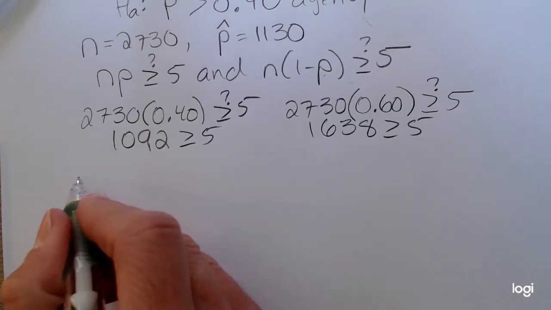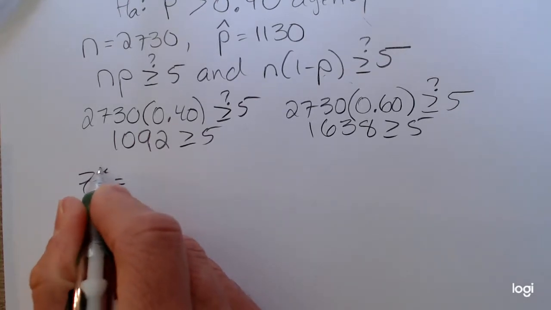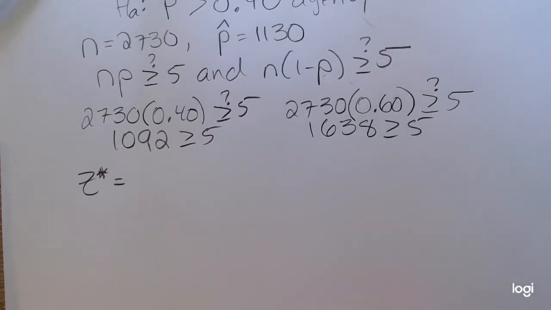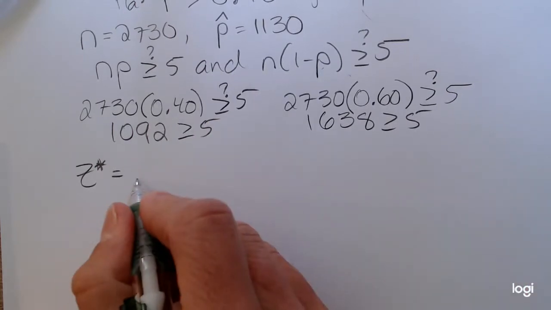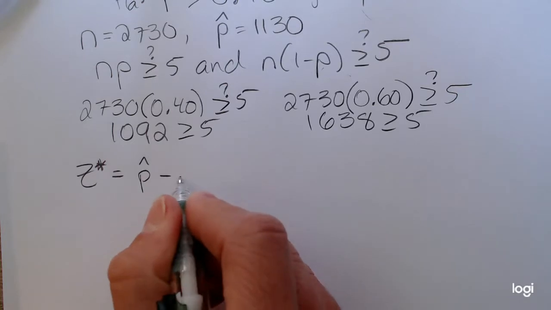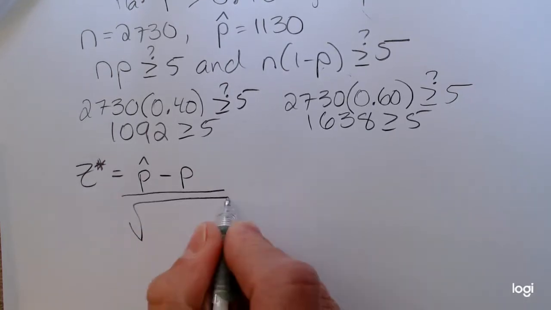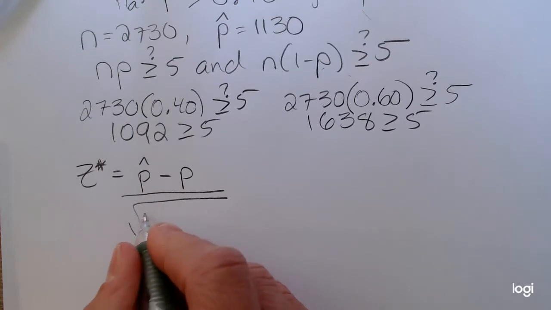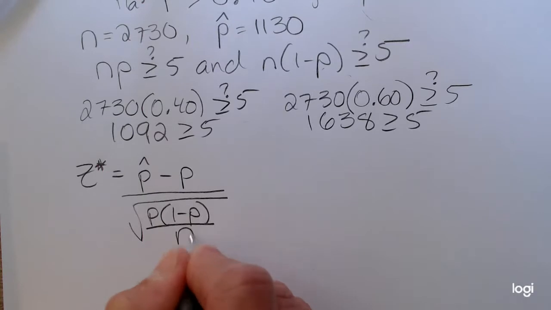Our standardized test statistic follows the same structure as the test statistic for a test about a population mean. However, it is not the same formula. It's p hat, our sample proportion, minus the claimed proportion over the square root of p times 1 minus p over n.